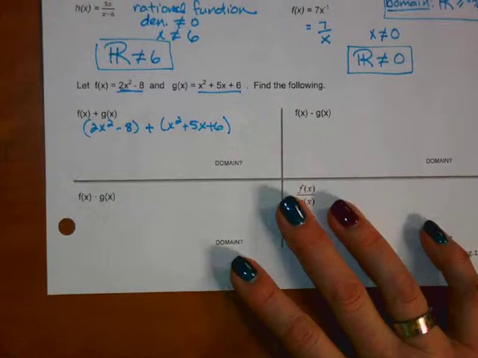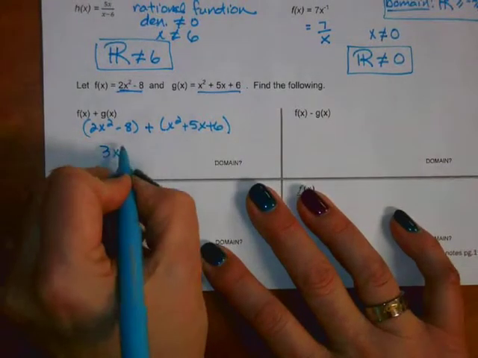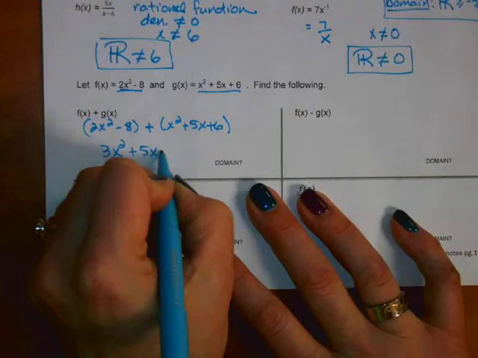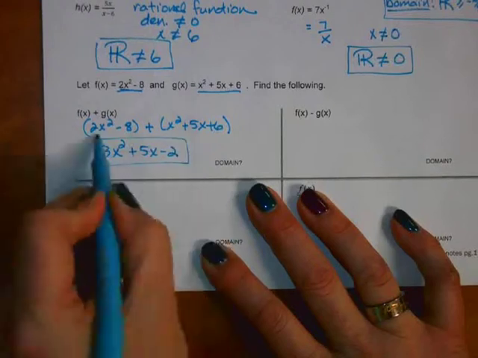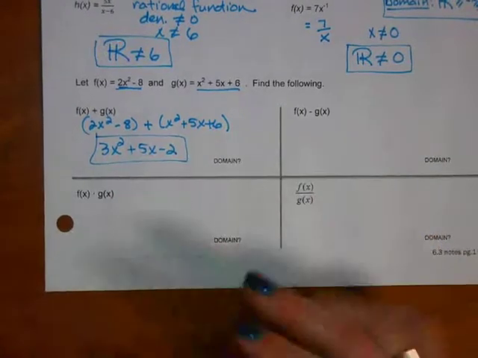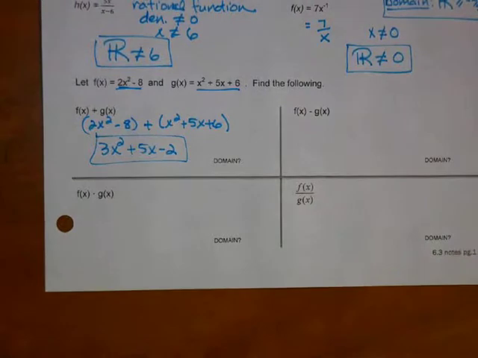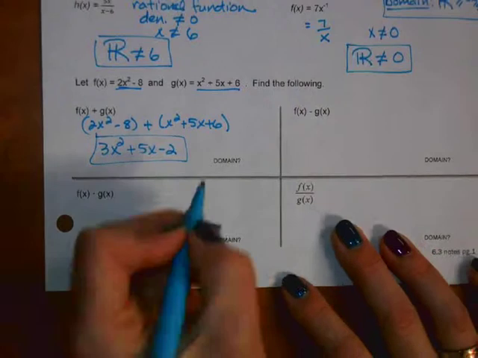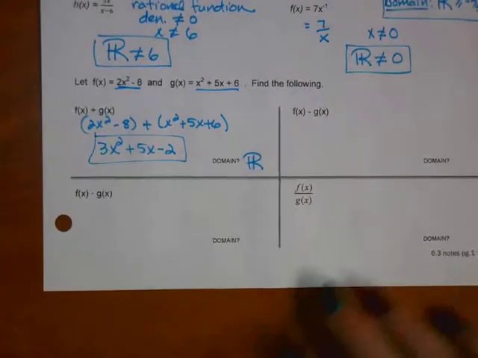So you get 3x squared plus 5x minus 2. Are there any restrictions on the x values in this one? It's a parabola. There really are no restrictions. So your domain is all real numbers.